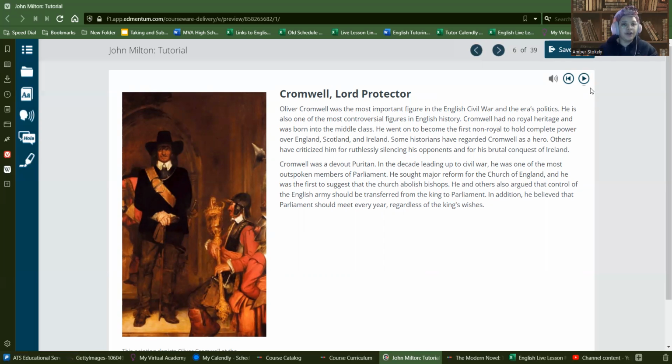But now that we've gone over the overview of him, we get more detail in that second paragraph. We find out that he was a Puritan, and that in the decade leading up to the Civil War, he was one of the most outspoken members of Parliament.